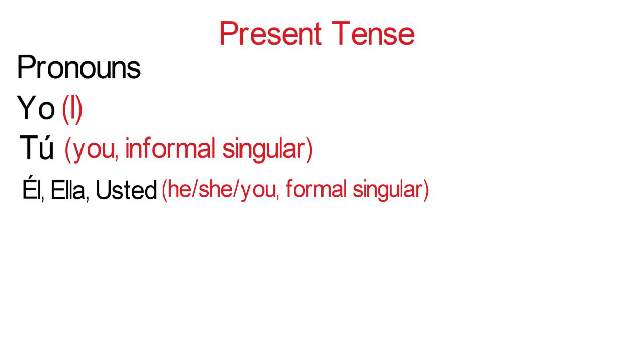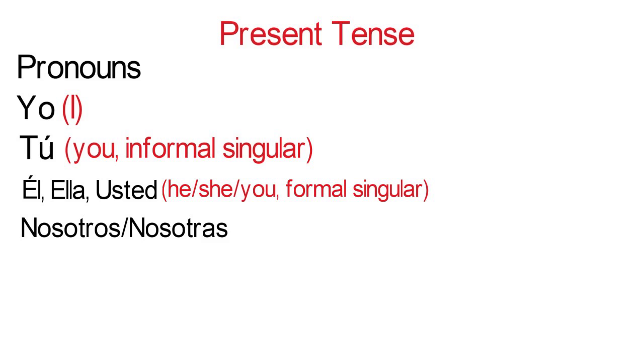Tú is used when addressing a friend, relative, or a colleague, and usted is used when addressing someone you don't know or someone who is older than you. And so tú is the informal singular and usted is the formal singular. So when you are conjugating a verb for usted, you use the él or ella form of conjugation for usted and not the tú form of conjugation.